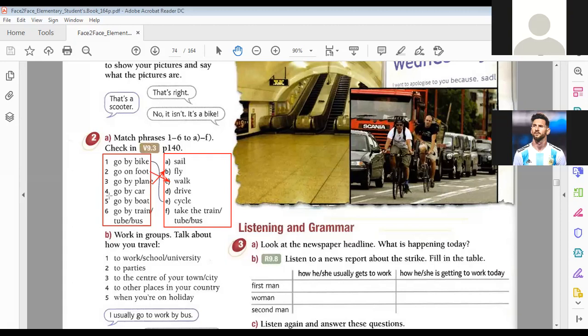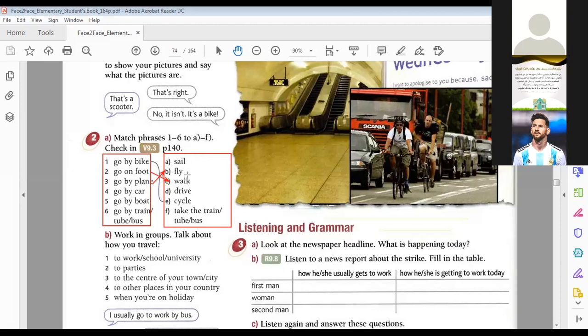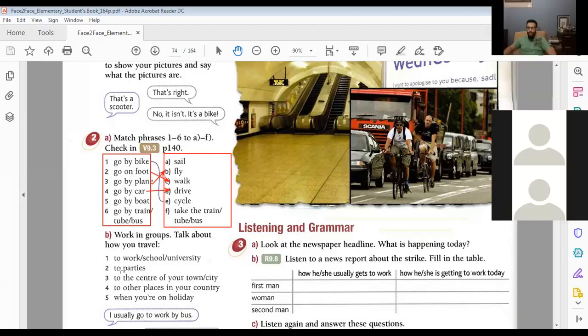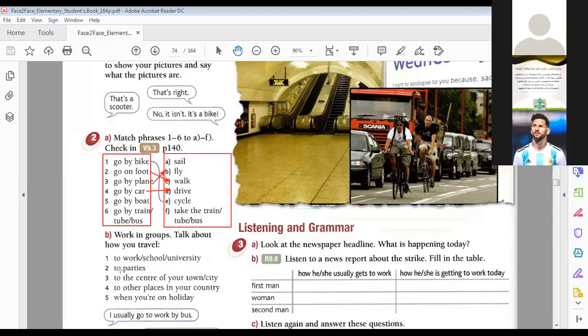So we can say go by car, or drive. Correct. That's right. You can say go by car and you can say drive. Very good. Very nice.